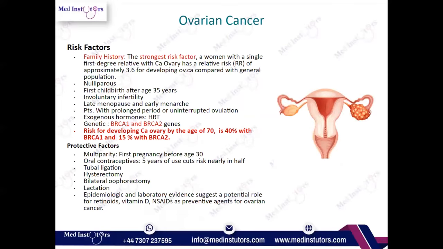So let's begin with the risk factors of ovarian cancer. Let me tell you one thing. The most common type of ovarian cancer globally is epithelial cancer. Does anybody know why epithelial ovarian cancers are the most common type? Any idea?